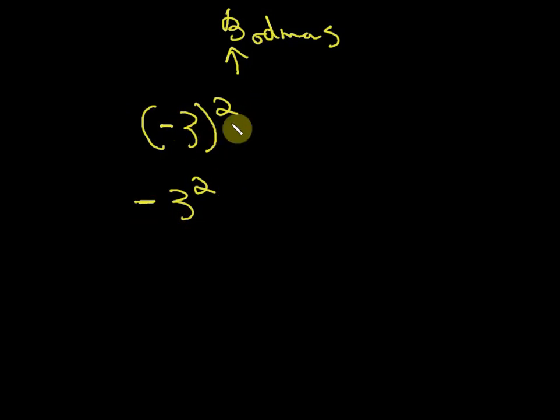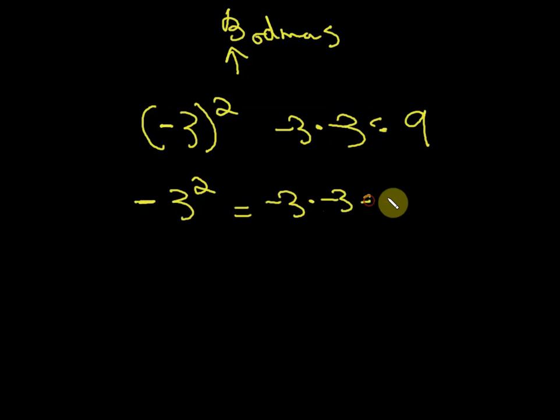So if I did this squared, this is saying, again, multiply -3 times -3, and so this would be 9. But some people will confuse this, that's why you have to have the brackets in there. Some people might think that this is the same as this, that this will be equal to -3 times -3, which is 9.